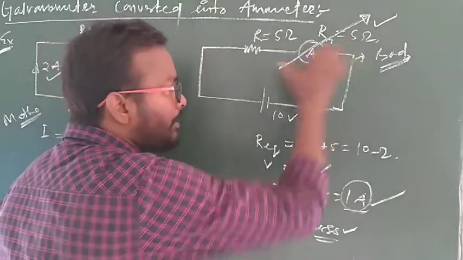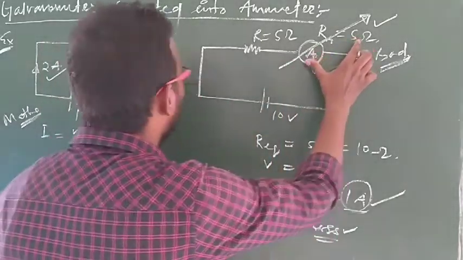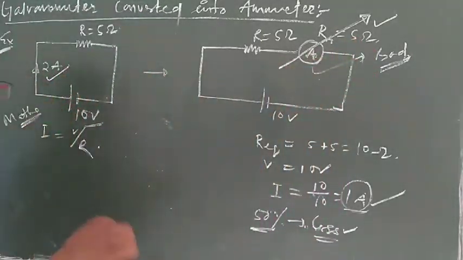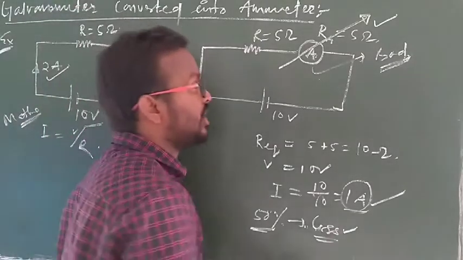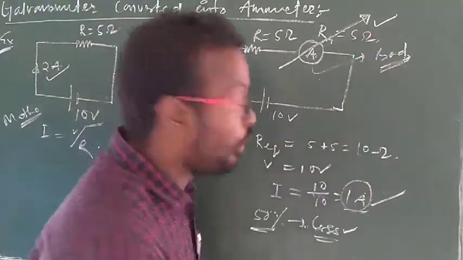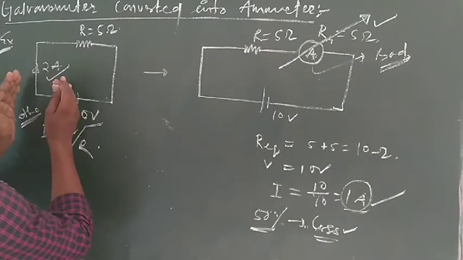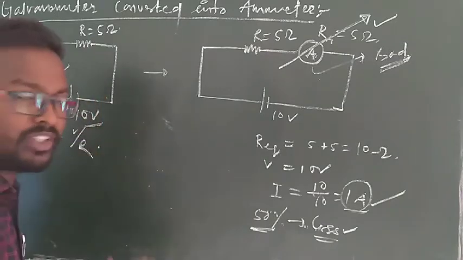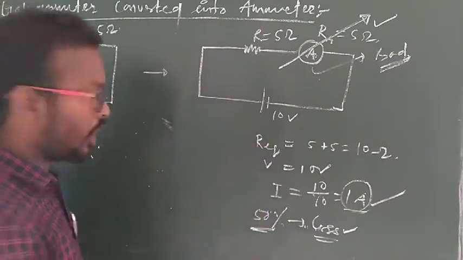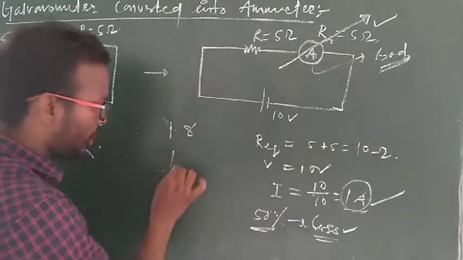Now we have to determine how the reading of the ammeter can be very close to 2 ampere. How can we get a reading which is nearly equal to 2 ampere, not exactly 2 ampere, but almost equal, say 1.8 or 1.9?